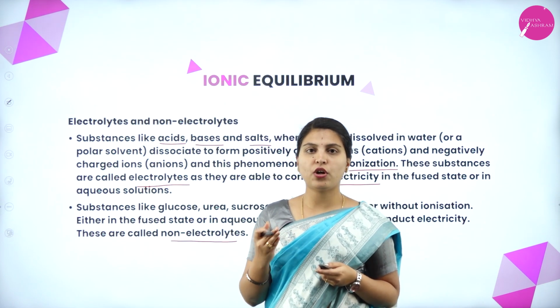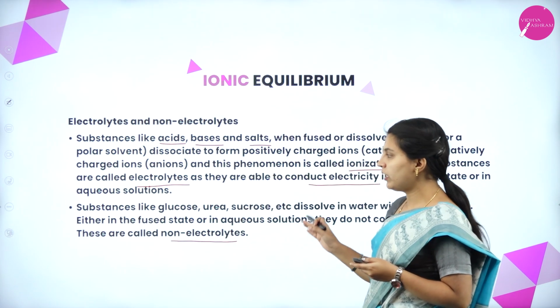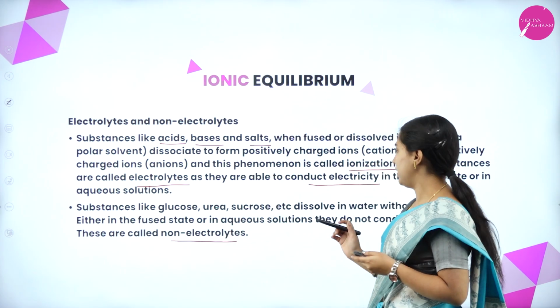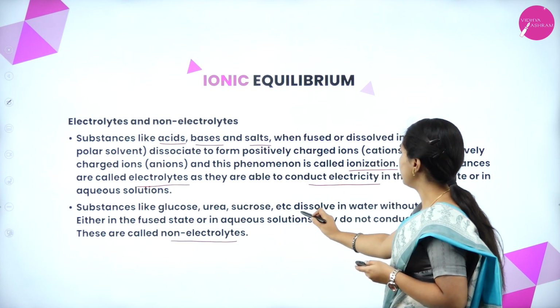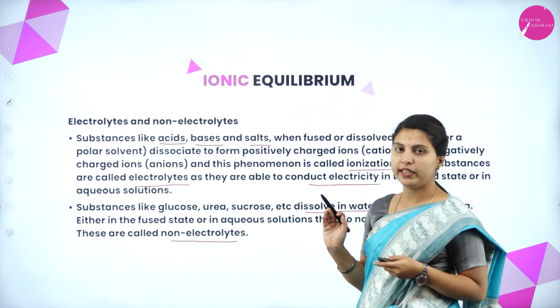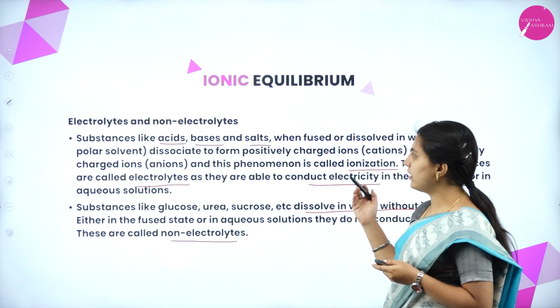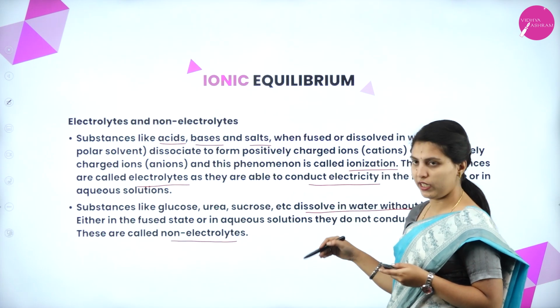If the separation does not happen, they do not conduct electricity. Only dissolving will not conduct electricity. Dissolving in water without ionization, it will not conduct electricity, so it is considered a non-electrolyte. This is the difference between electrolytes and non-electrolytes.